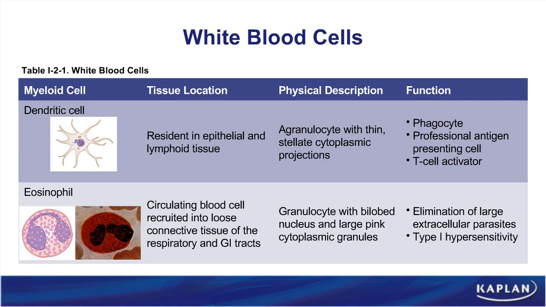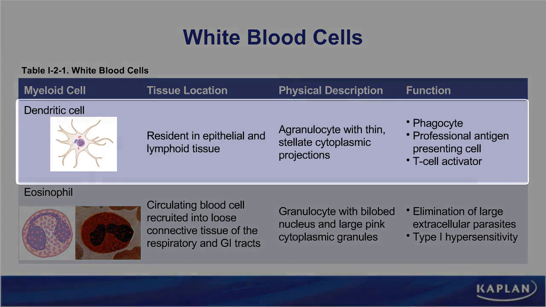Interestingly, we do not get a dendritic cell count when we are looking at the cells of the blood. That is because most of your dendritic cells are going to reside within the epithelial layer or in underlying lymphoid tissues.